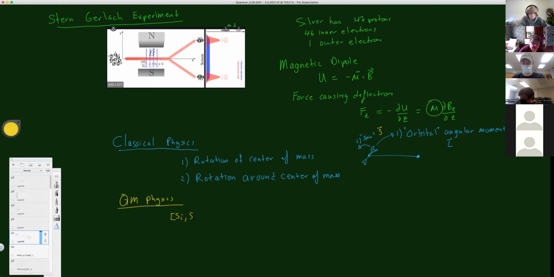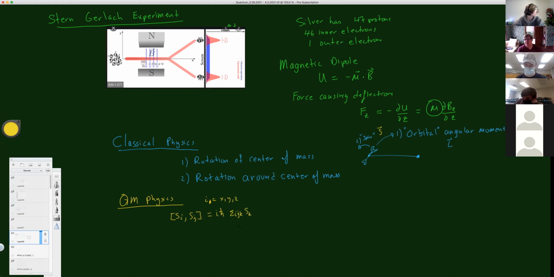So S_i, the commutator of these two, with i being x, y, z, is just like L, and I'm going to write it in our fancy way with the Levi-Civita epsilon_ijk S_k.